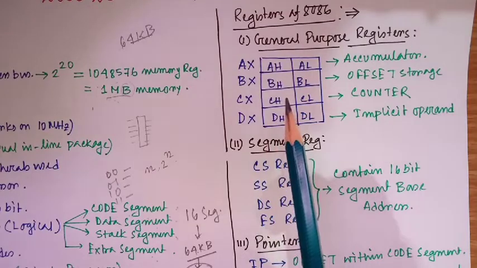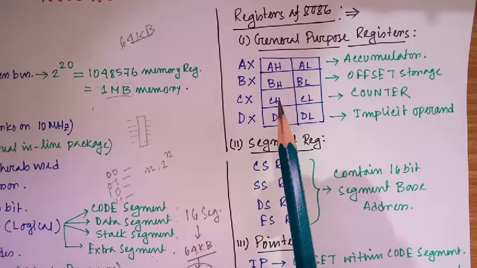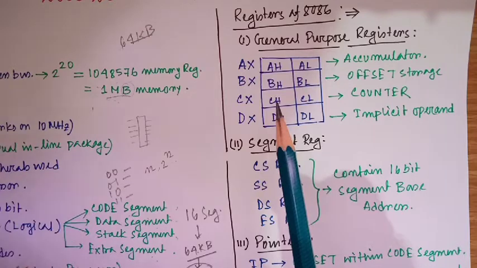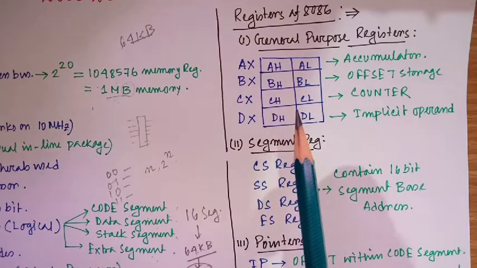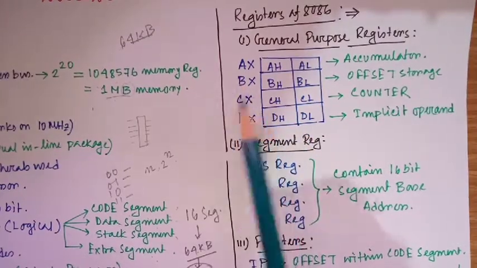In most cases, the instructions that have X within the opcode denote that the operands are 16-bit registers, but there are certain limitations also. We discussed this kind of thing in case of 8085. So here AX, BX, CX, DX, all these are 16-bit registers.